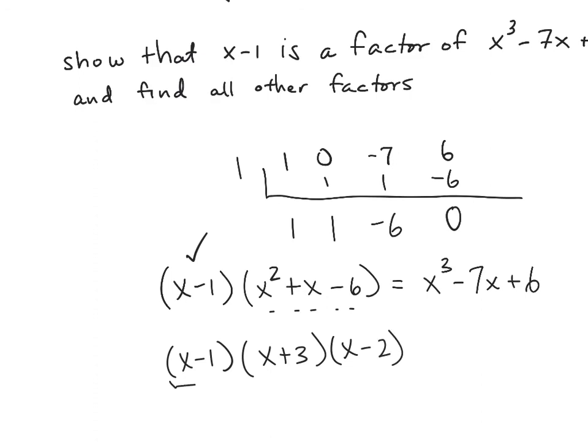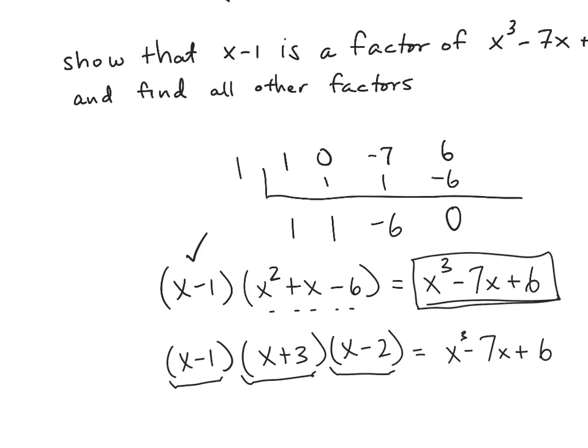So now we have all three linear factors of what we started with. What we just did here is a pretty big deal, and this is going to be the main topic in sections 3.4 and 3.5: given a polynomial expression like this, can we find the linear factors of that polynomial expression? The tool that we use to make this work is synthetic division and finding remainders of 0.